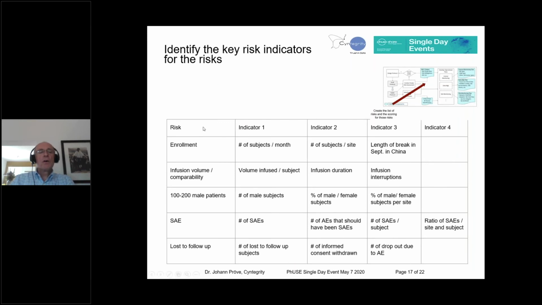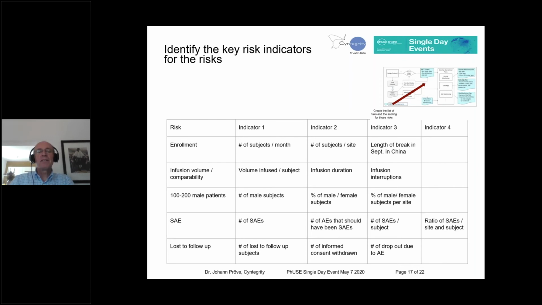And then, of course, once you have your risks, you need to find the risk indicators for your risk. And just to use one of the examples here, enrollment, the indicator could be the number of subjects per month, or the number of subjects per site, or another indicator could be the length of the break in September in China, because all of a sudden China takes 4 weeks off, not 4 years, 4 weeks off, and all of a sudden the enrollment is almost completely stopped.